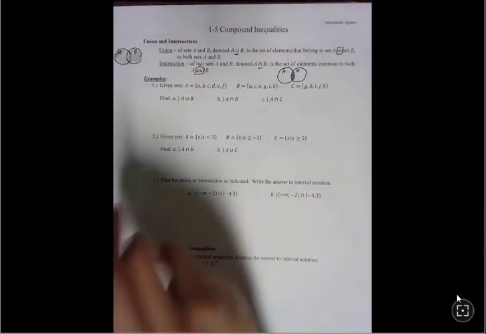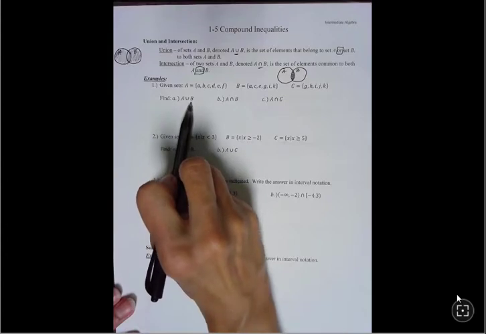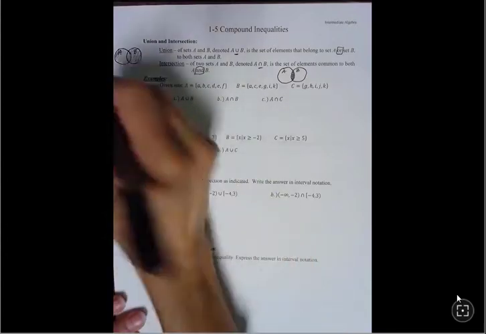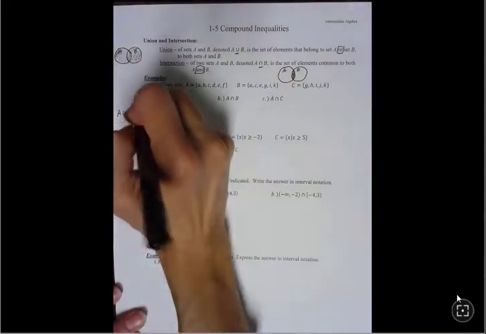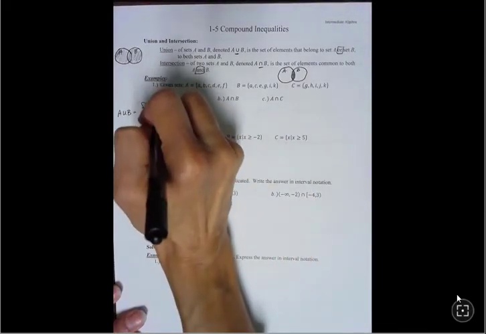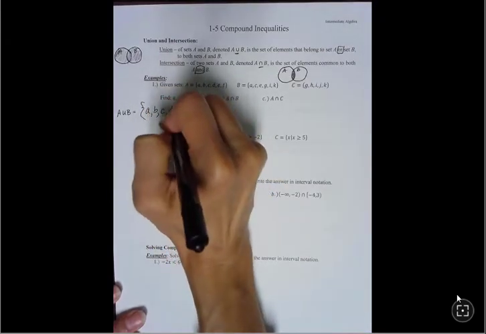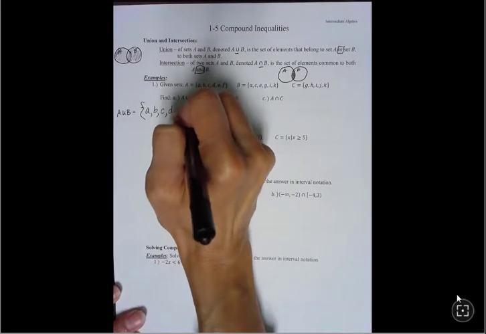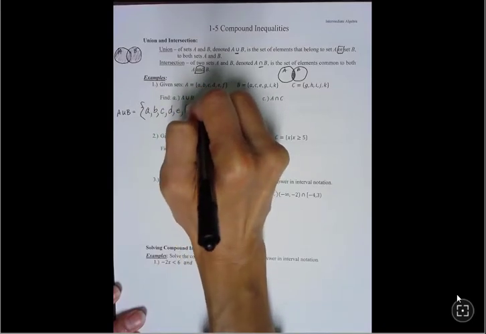And then we're going to find A union B. So A union B means all of the ones that are contained in A or B. Okay, so we have a, b, c, d, e, f, g, i, and k.